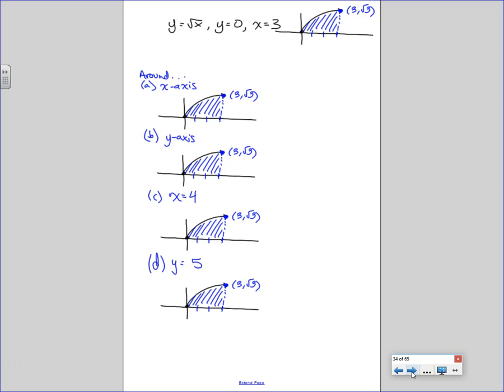But what if you were revolving about the x-axis, about the y-axis, about x equals 4, and about y equals 5? Ready, set, go. You figure it out. Take your time. Give people a chance to think about it. Draw or visualize each axis of revolution separately. You have to visualize the axis.